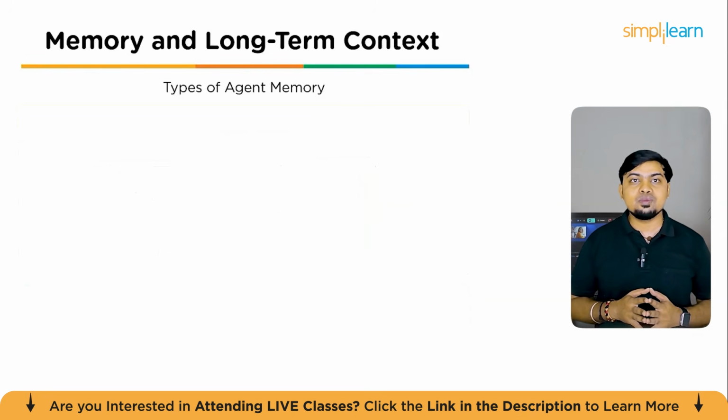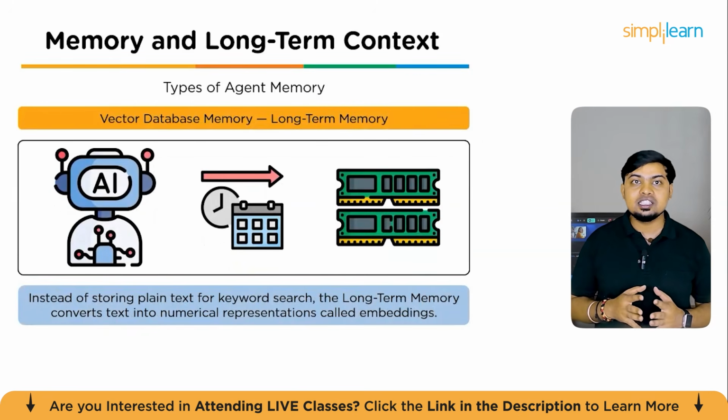Now, the third one is vector database memory. It is the most important and powerful type of memory in Agentic AI, and it is also known as long-term memory. This works differently from traditional databases. Instead of storing plain text for keyword search, the system converts text into numerical representation called embedding.